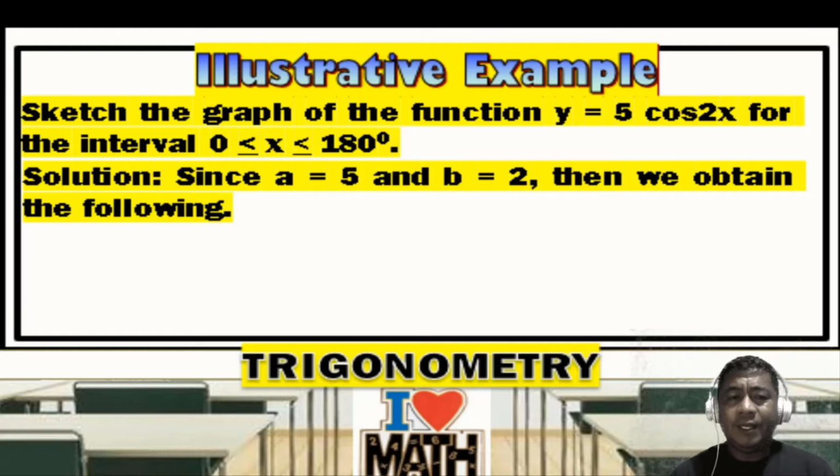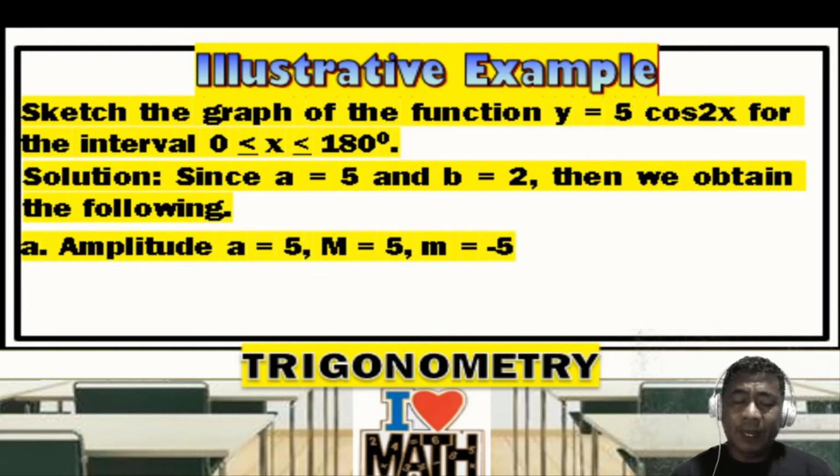Solution. Since a is equal to 5 and b is equal to 2, then we obtain the following. Letter A, amplitude a is equal to 5, wherein capital letter M is positive 5 and small letter m is negative 5.